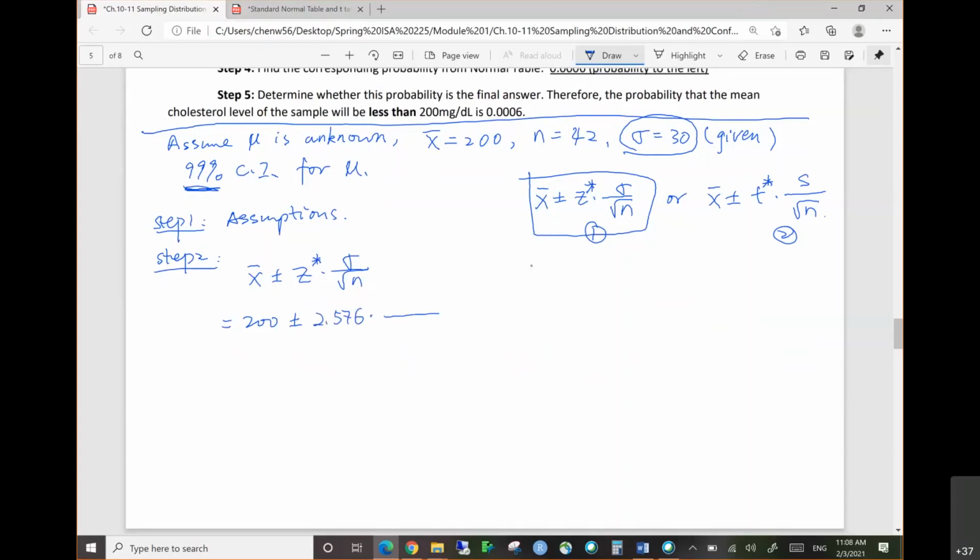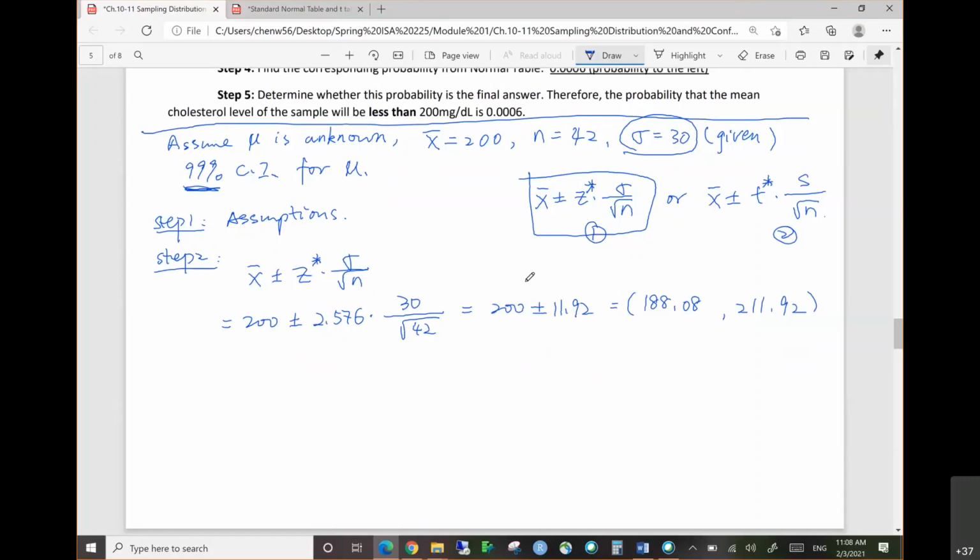Times sigma, which is 30, over square root of n, which is 42. So we can calculate this: 200 plus or minus 11.92. We change to the interval format, so we have 188.08 to 211.92.